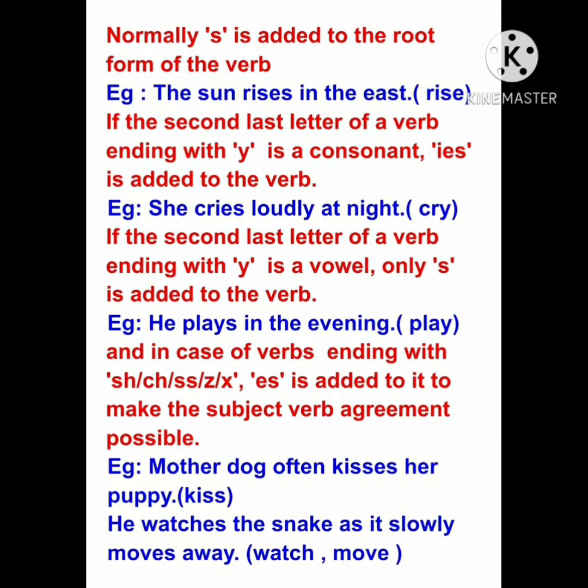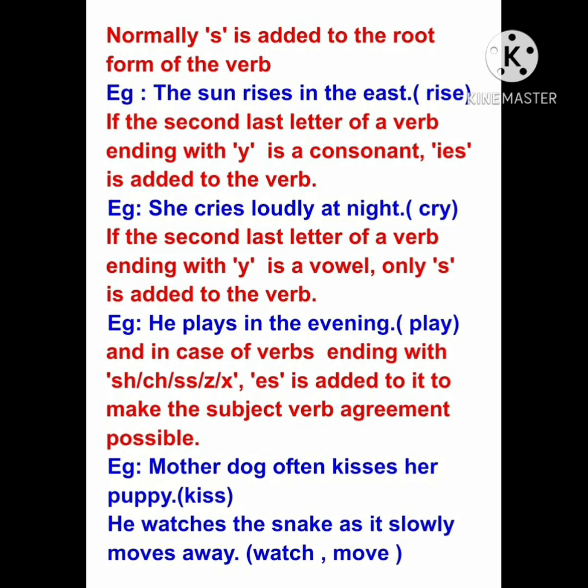And in cases of verbs ending with sh, ch, ss, z, or x, es is added to the verb to take it to the S form. Let's see the example.